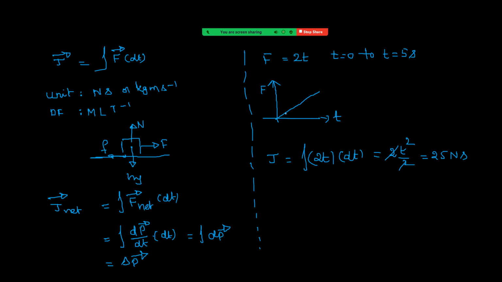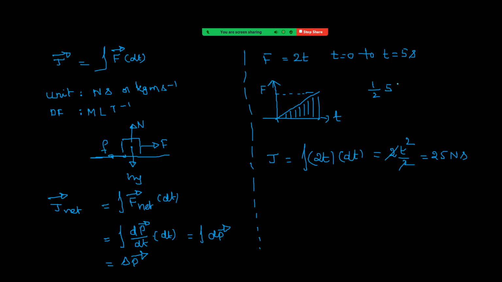Now what I am saying here, integration gives area. So here if you take the area under the graph with the time axis, that gives us impulse of that force. See here how much area we get. When I am taking t equal to 5, force will be 10, 2 into 5 is 10, right? This is 10. Then see the area of this triangle. Area of the triangle equals half base into height. Base is 5, because we want to calculate from t equal to 0 to t equal to 5 seconds.